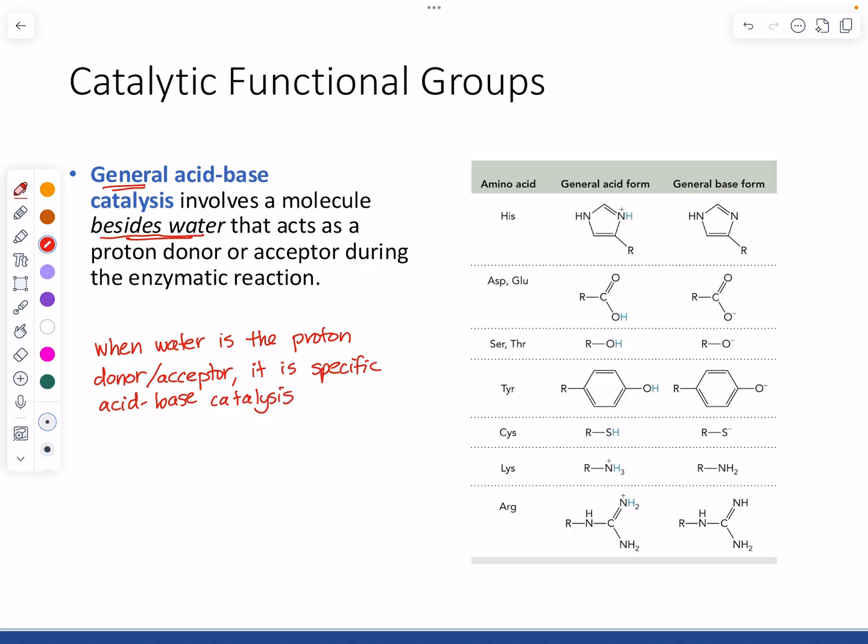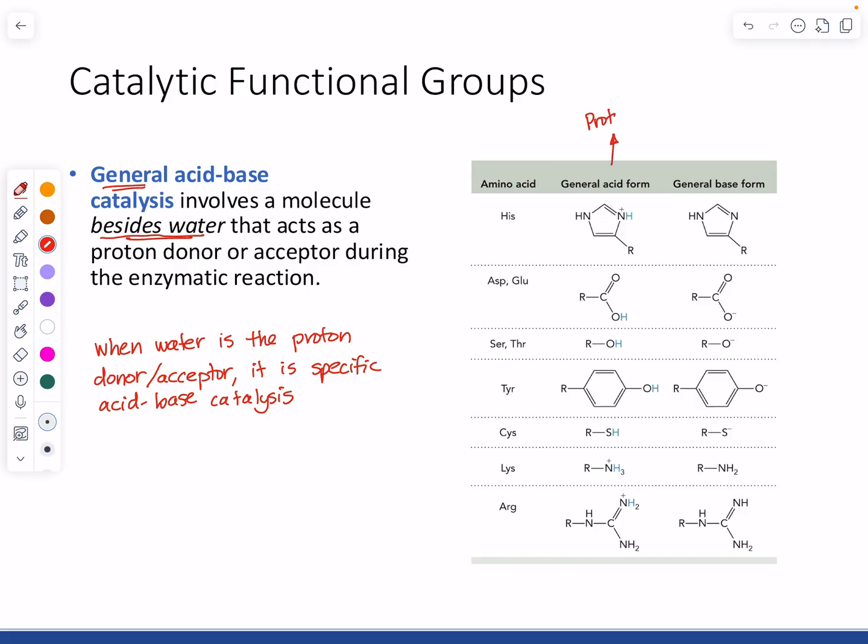But in this case, we're talking about amino acid side chains in the active site, and so we're considering general acid-base catalysis. So this is going to be limited to our ionizable amino acid side chains. So remember, you have to be in the acid form or the protonated form. So let's label these more specifically.